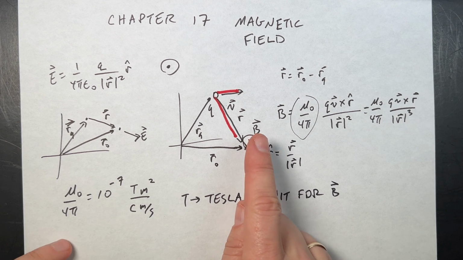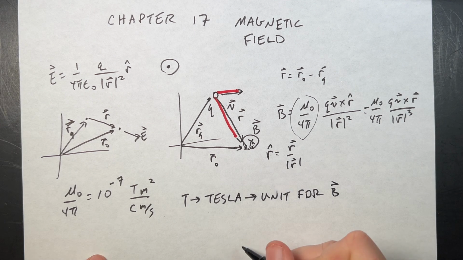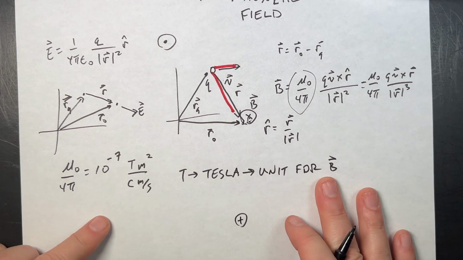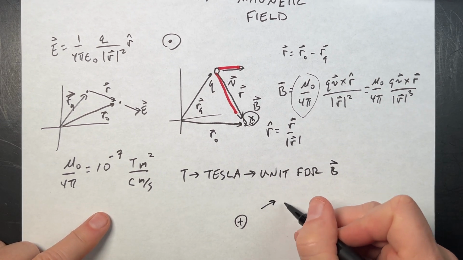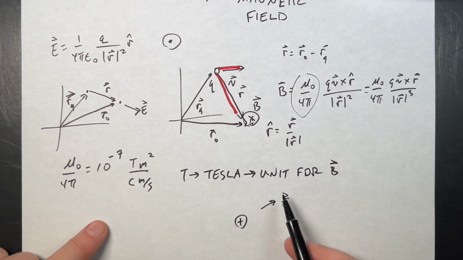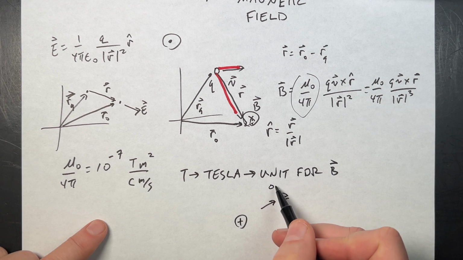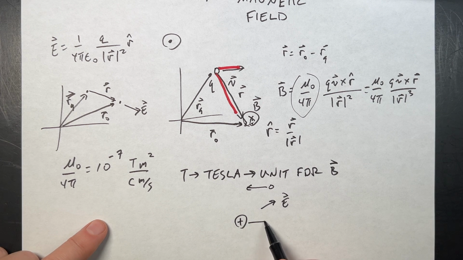I do want to say one thing though, since we're dealing with velocity, and this is an interesting point. Imagine I have a point charge right there, and it makes an electric field. Well, if it's not moving, it doesn't make a magnetic field. It just makes an electric field. But what if you're moving? If the observer is moving this way, it looks like the charge is moving that way.